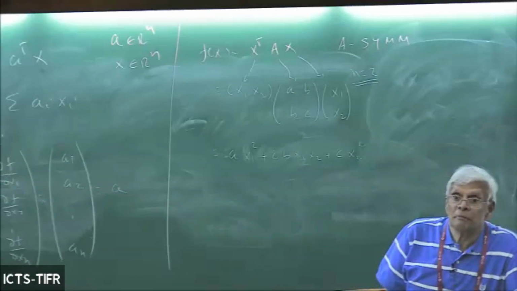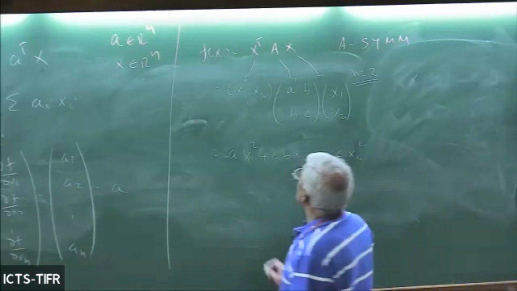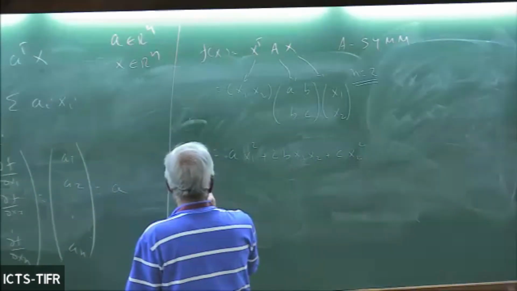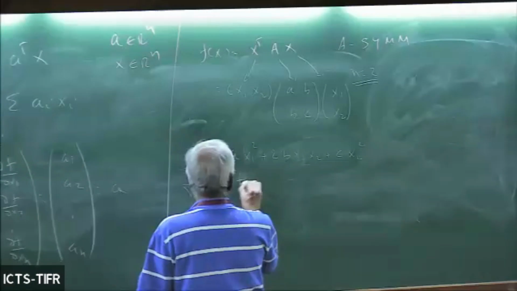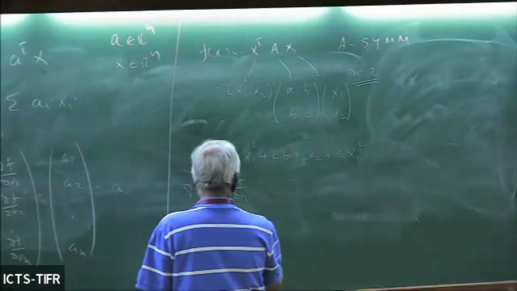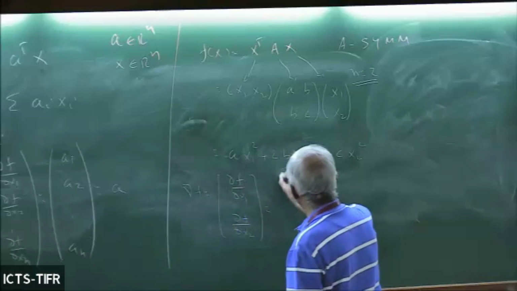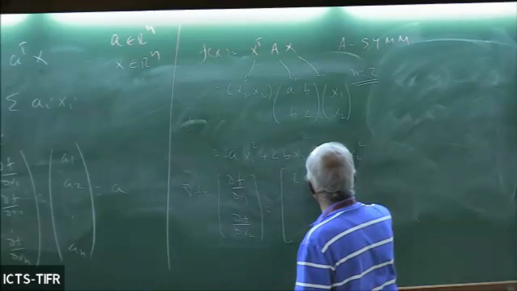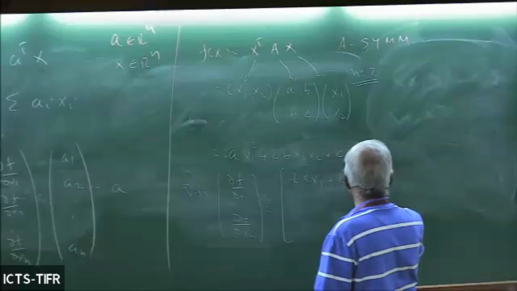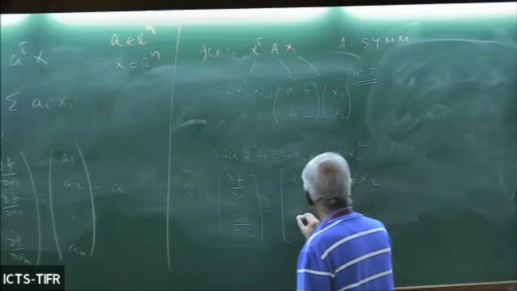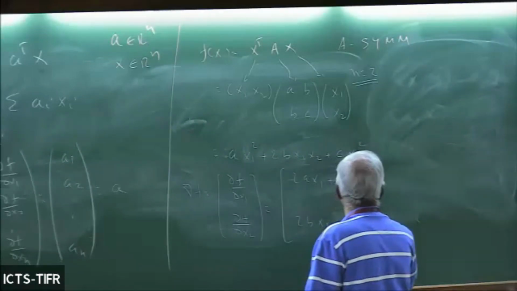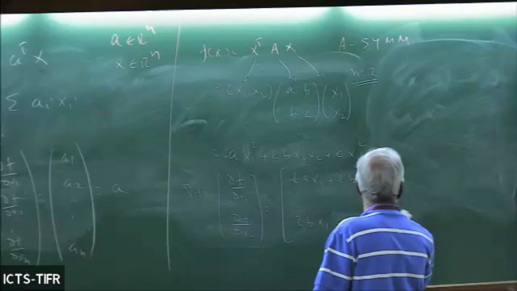Now I need to be able to compute the gradient of this. What is the gradient of f? The gradient of f is the derivative of f with respect to x1 and the derivative of f with respect to x2. What is this? This is equal to 2a x1 plus 2b x2. This is equal to 2b x1 plus 2c x2.